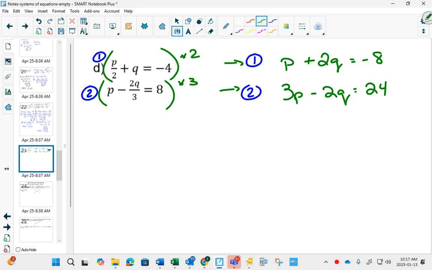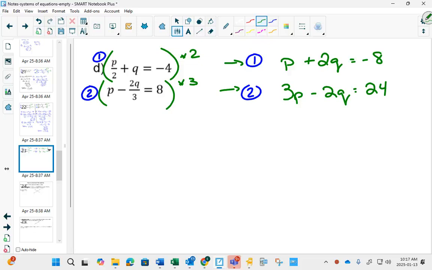And now I feel really lucky because I wasn't expecting this to happen. But look, for elimination, can you see that the Q's can eliminate already? We've got a +2 in front of the one Q and a -2 in front of the other Q. I thought I would have to do more work.